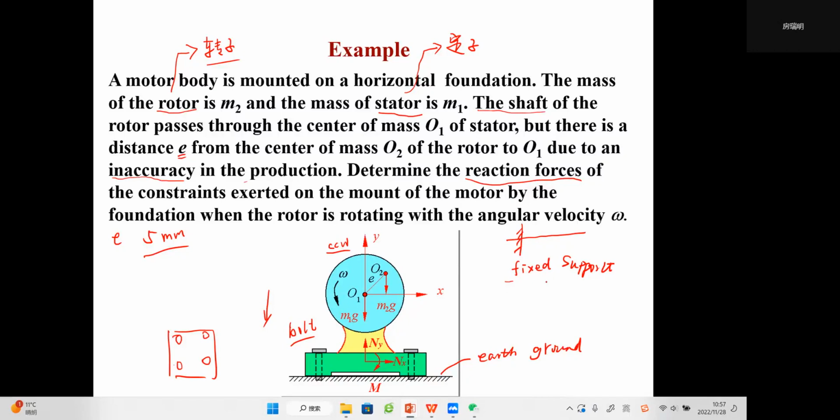This kind of constraint has 3 reaction forces, but here we can only find X and Y. We cannot find M until now. Maybe we can find M when we finish studying chapter 13, right?